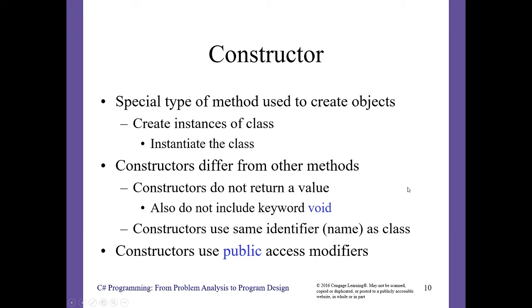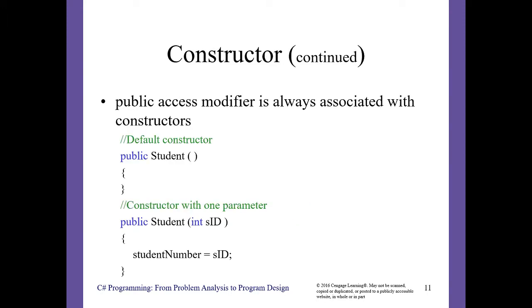Now, constructors are always public because if anybody else is going to use our class, they have to be able to access the constructor to create an instance of our class. So now here is some syntax. In this example, we're creating an instance of the student object that they showed earlier.